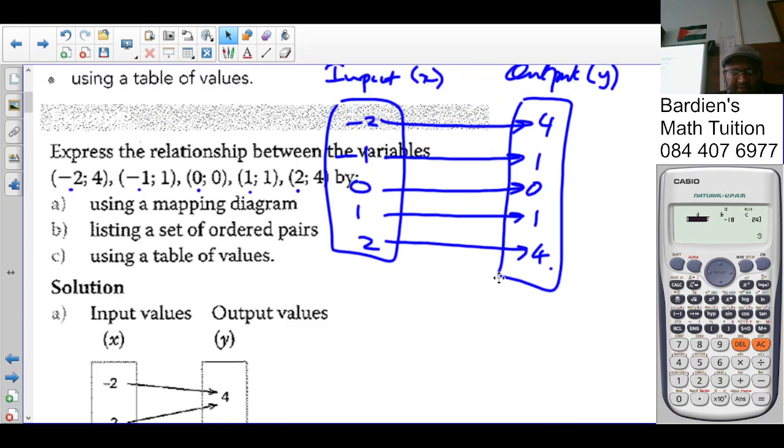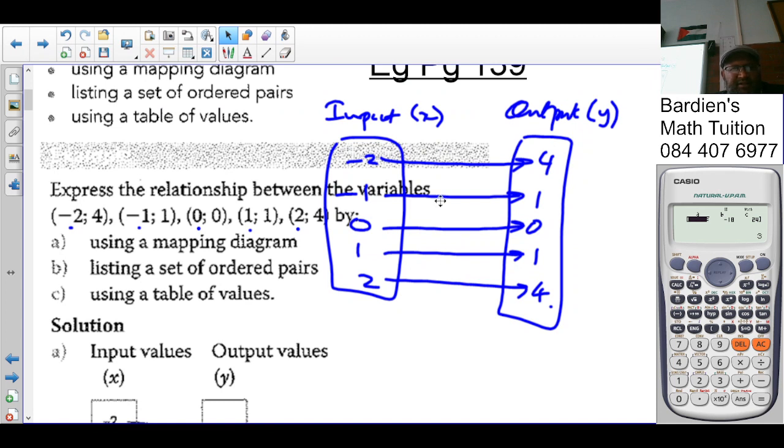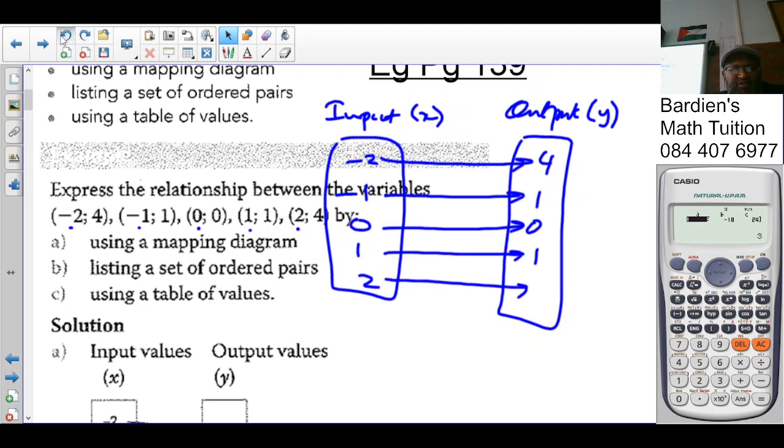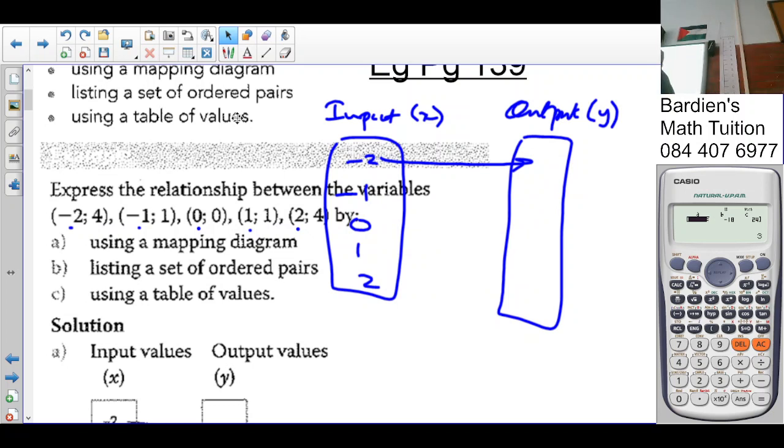Oops, I made a mistake there. What's my mistake? The 4 doesn't get written out all the time. So the output values were 4, 1, 0. You see there's a 1 and I already wrote 1. There was a 4 and I already wrote 4.